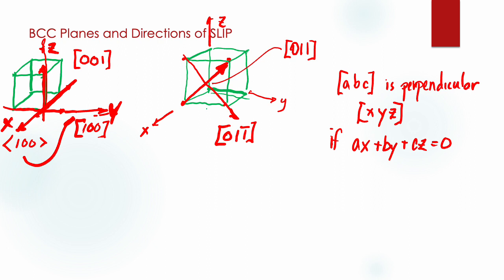So I can see that these are perpendicular directions. a times x would be 0 times 0. b times y would be 1 times 1. And c times z would be 1 times negative 1. And that does sum up to 0.